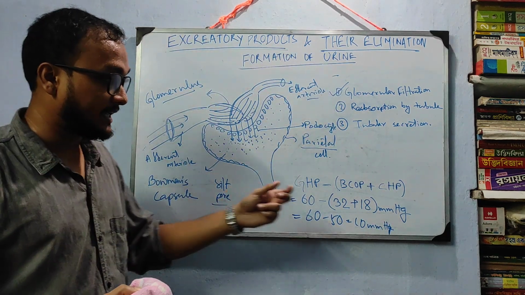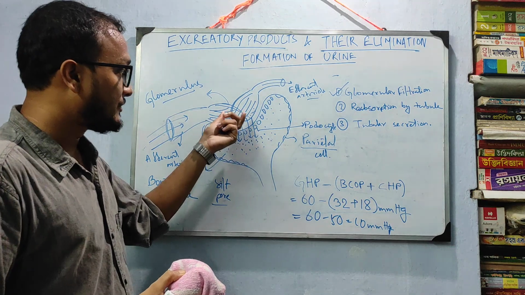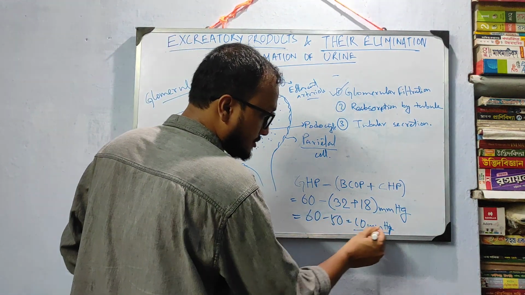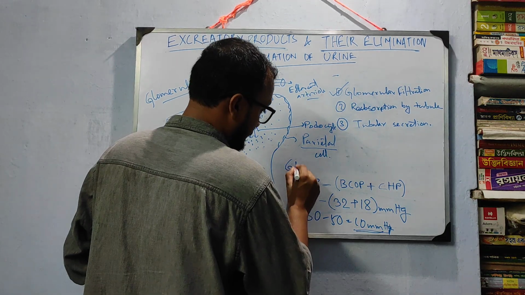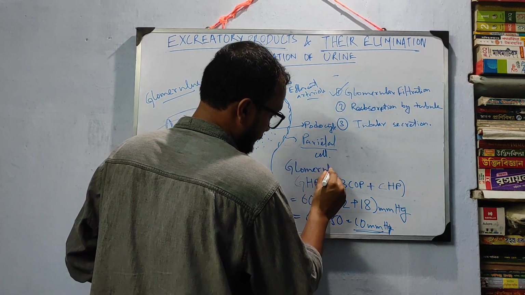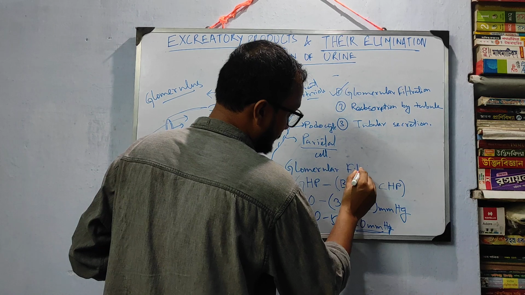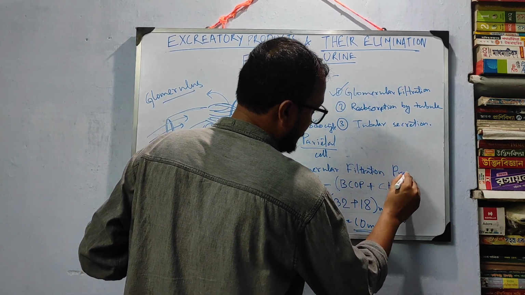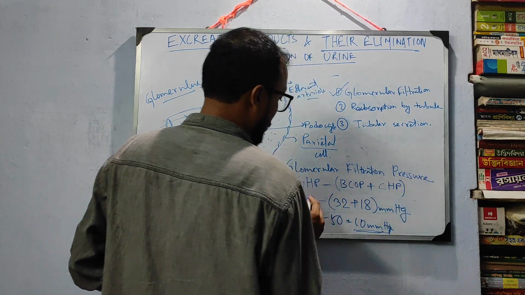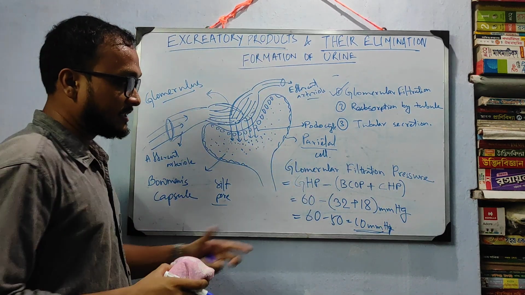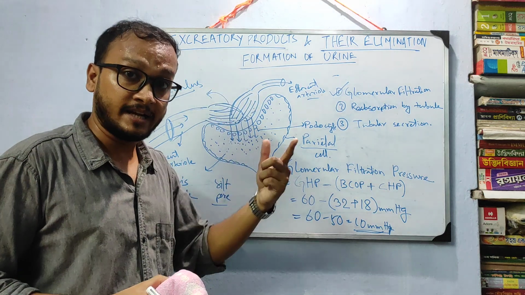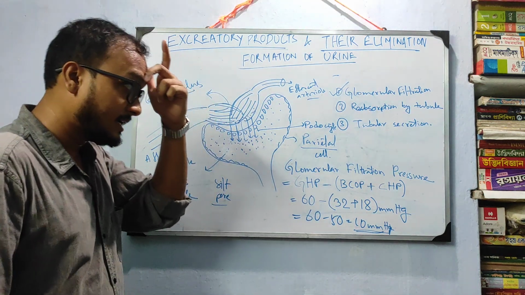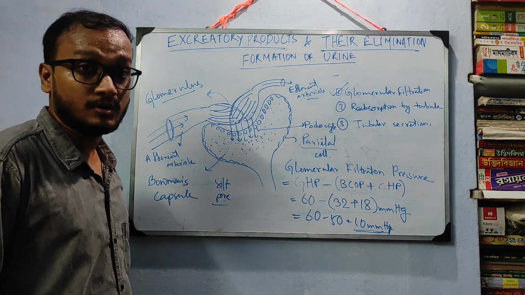So depending on only 10 mmHg, all the filtrate will enter and get collected, and this is known as glomerular filtration pressure. So glomerular filtration pressure is 10 mmHg, and glomerular filtration rate is 125 ml per minute or 180 liters per day. That is glomerular filtration rate.